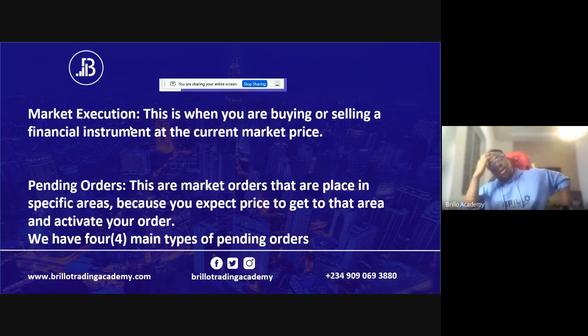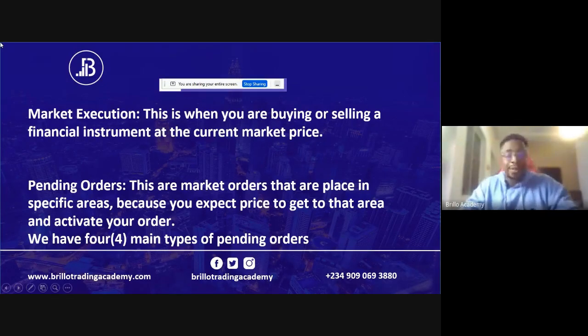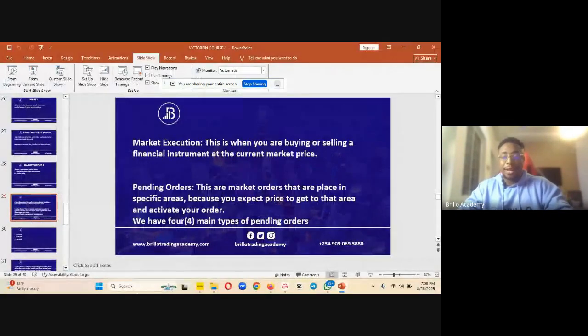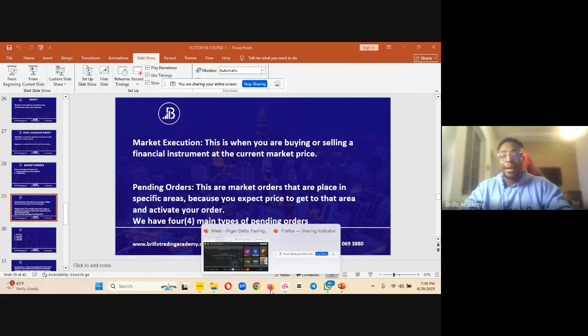So what is a pending order? This is where you place an order on your chart at a specific area because you expect price to get to that area and activate your order. It's not like instant execution, where you buy or sell at the current market price.